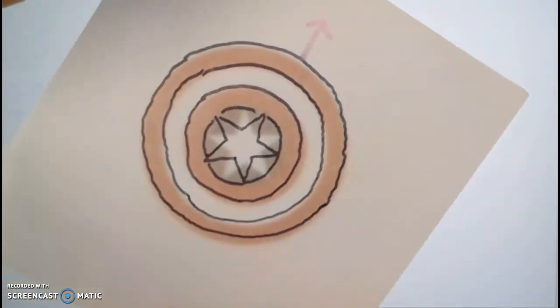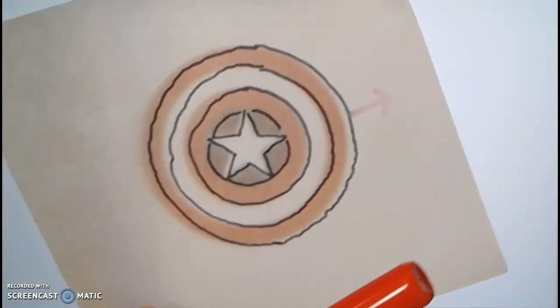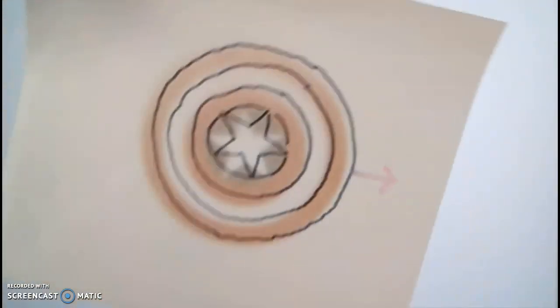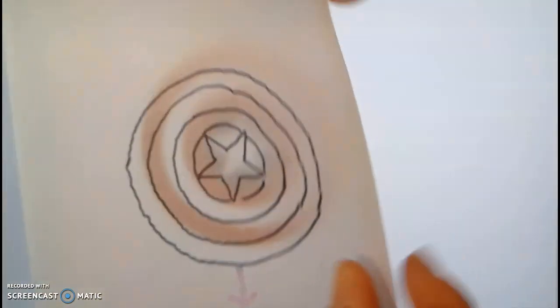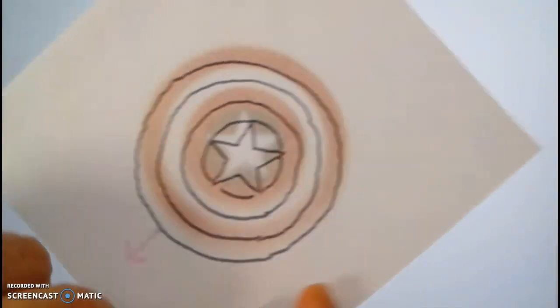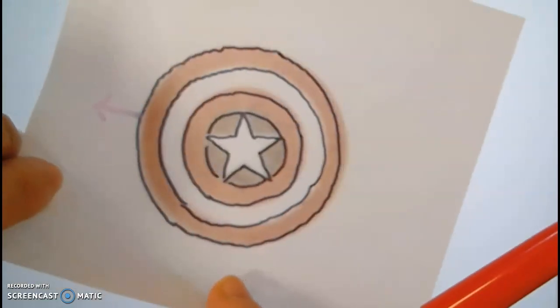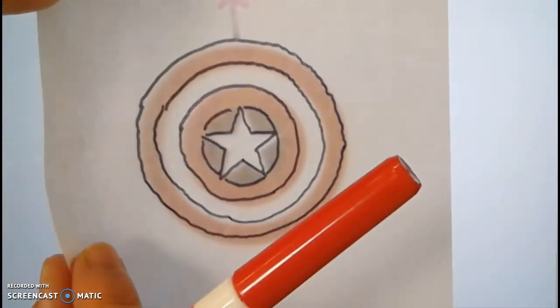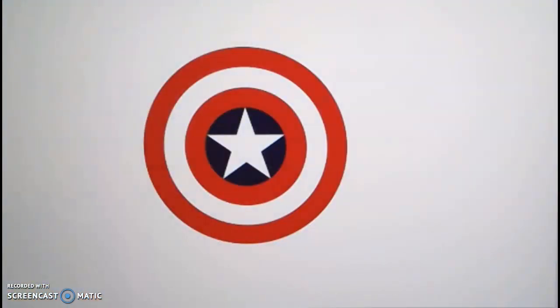So if I start turning and turning, here we go, it matches up exactly right there. So it matches once, twice, 3 times, then 4 times, and then 5 times. So yes, this Captain America mug has rotational symmetry and the order is 5.